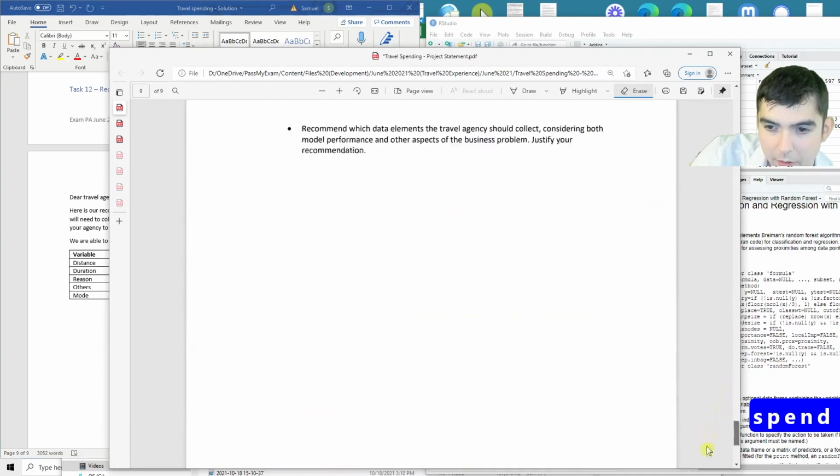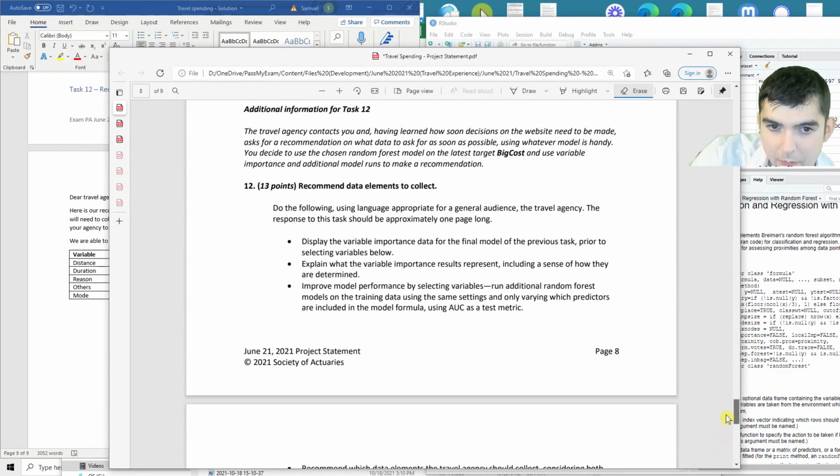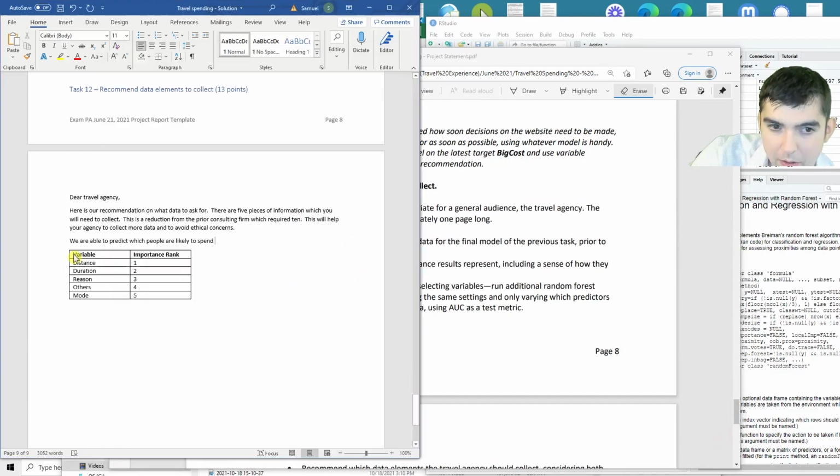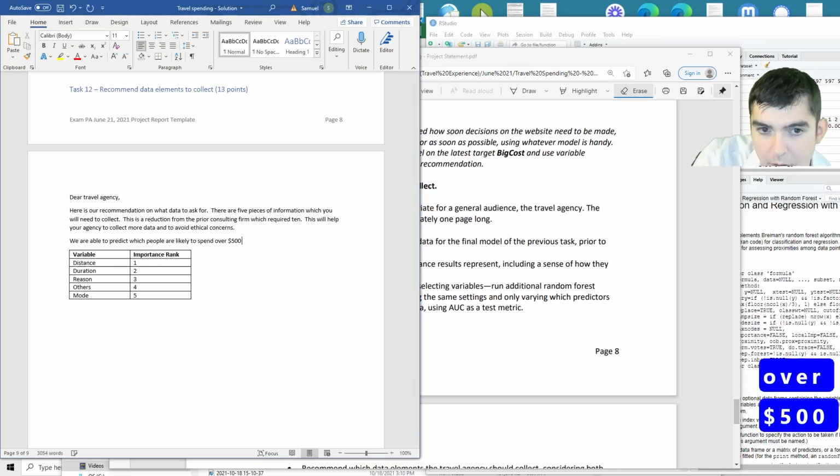Let's just try to follow the prompt here. Okay, so the recommendation is what data to use, using whatever model is handy.